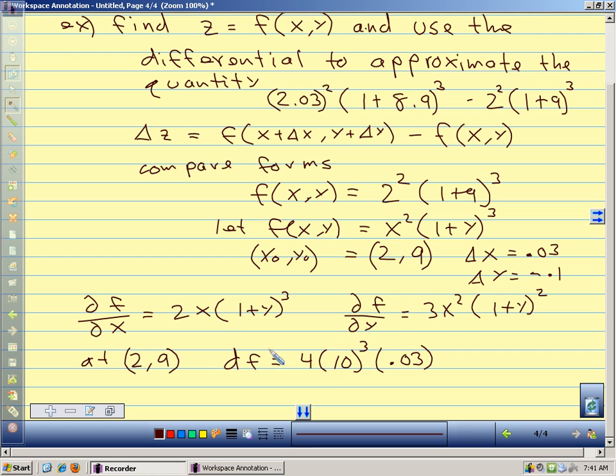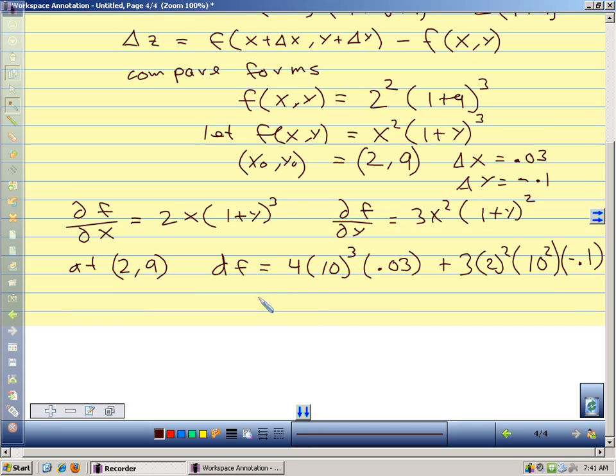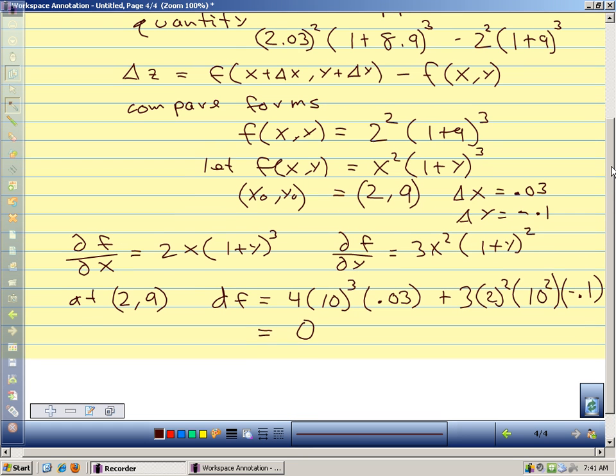This is df dx at 2, 9 times delta x, plus 3 times 2 squared times 10 squared times our delta y, negative 0.1. And if I calculate this out, it turns out that this equals 0.